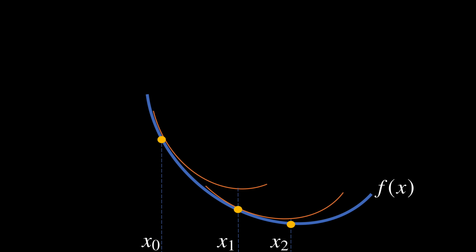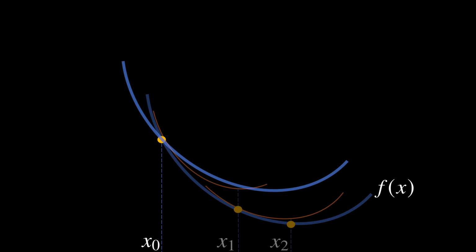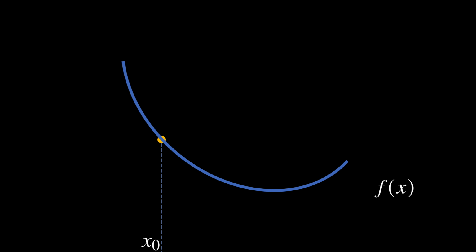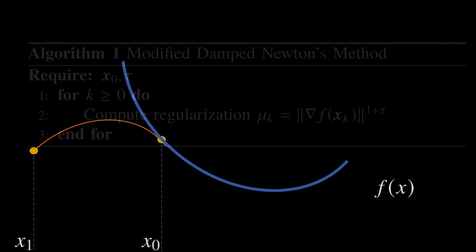As a matter of fact, this animation shows you why, in certain cases, Newton's method can converge to a saddle or a maximum. This all depends on the eigenvalues of the Hessian. If the eigenvalues of the Hessian are non-positive or even a combination of positive and negative eigenvalues, in those cases, the local quadratic approximation is an upside-down paraboloid.